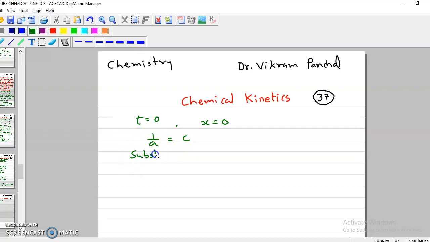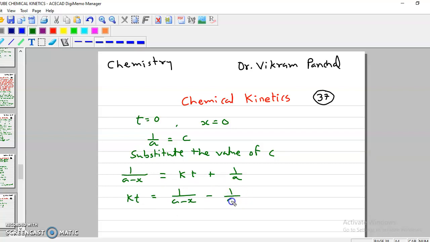Substitute this value of C. So we will get 1 upon (a minus x) is equal to kt plus 1 upon a. Okay, so we make kt the subject, so kt is equal to 1 upon (a minus x) minus 1 upon a.